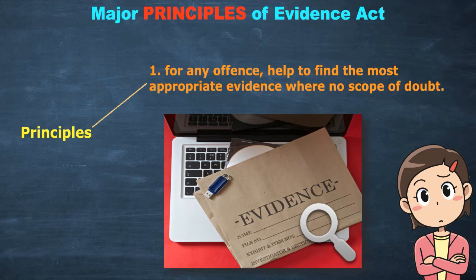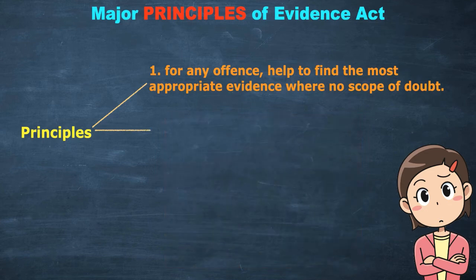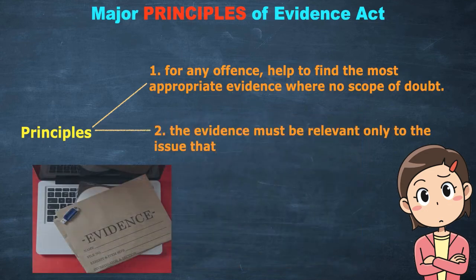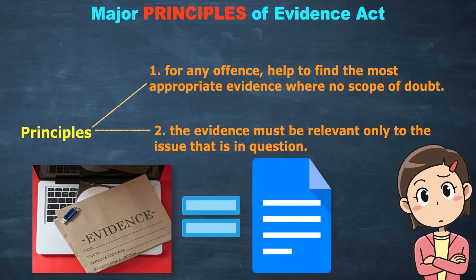If there is any doubt, then there is a problem, you know the fact. Okay. The next principle is, the evidence must be relevant only to the issue that is in question. If anything is not relevant to the issue, then that won't be considered as evidence in a particular case.